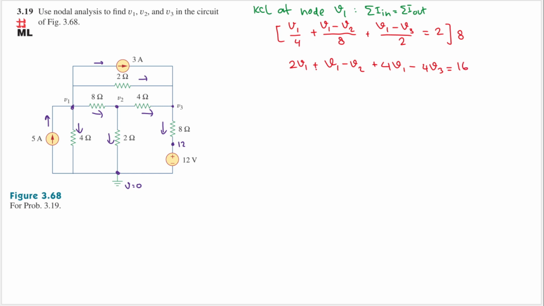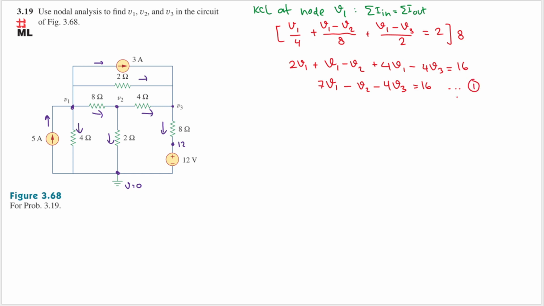Okay, and let's simplify this. We will have 7V1 minus V2 minus 4V3 will equal to 16. And let's save this as equation number 1.